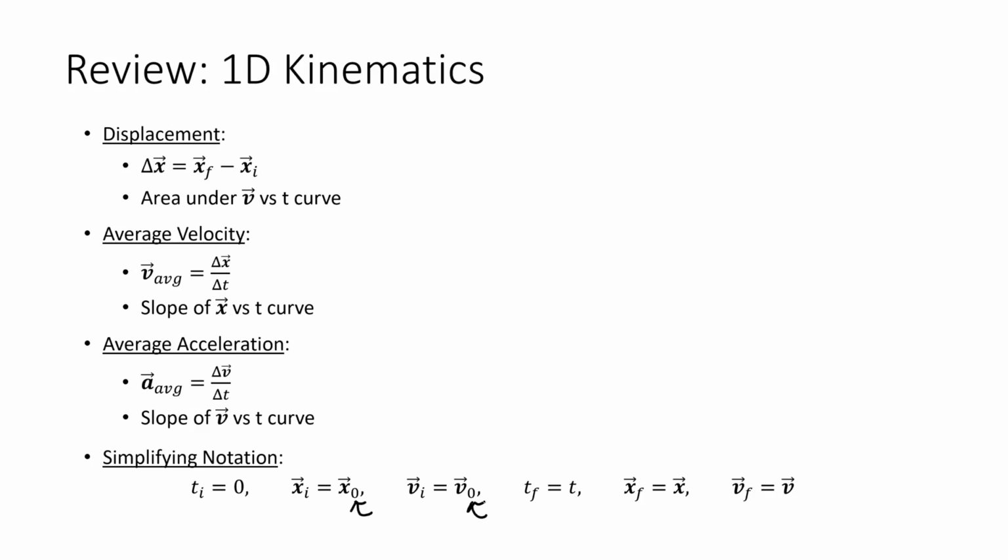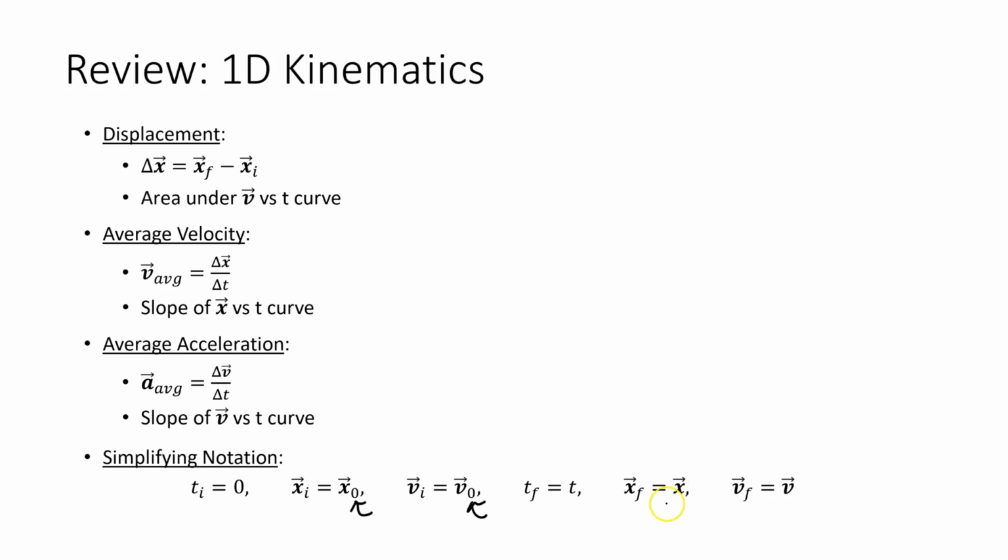And so then we could say that the initial position x sub i is really just x naught. The initial velocity is really just v naught. Okay, and then once we have that settled, if my initial time is time t equals 0, then my final time, I'm just going to call it t. And so we just drop the final subscript on that. And we do the same thing for x and v. If it's not the initial time, it's going to be the final time.